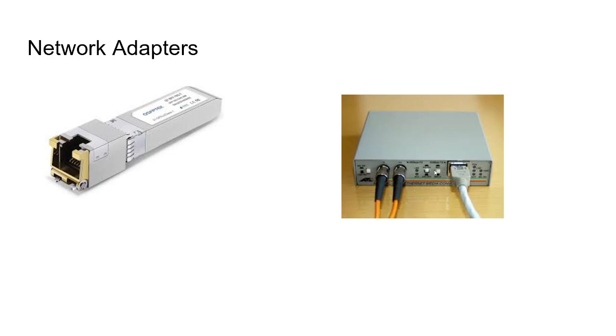And what would happen is basically the light signals would be converted into electrical. Or if you wanted a network adapter that does the opposite, where it converts electrical into light signals, it could do that as well. So that's what a media converter does. It converts signals. Well, I should say it's like a translator. It translates signals between different cables.